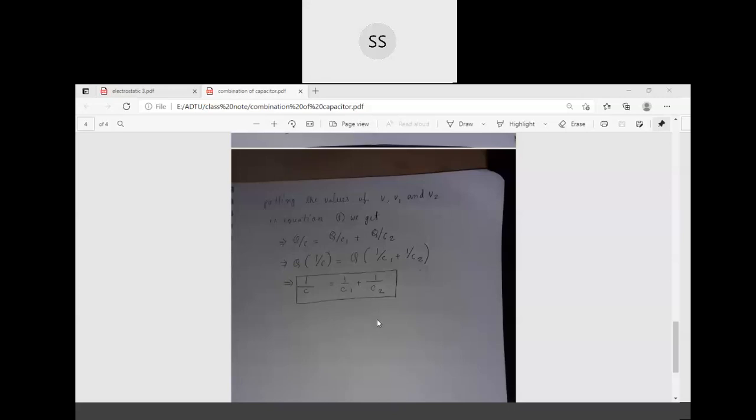So then (1 plus 2) divided by 6. 1 plus 2 equal to 3. 3 by 6 means 1 by 2. So we get 1 by C equal to 1 by 2. If 1 by C equal to 1 by 2, then what will be the value of C? 2, right? So the correct answer is 2 microfarad.